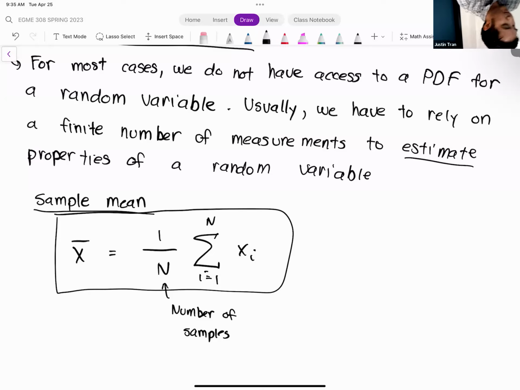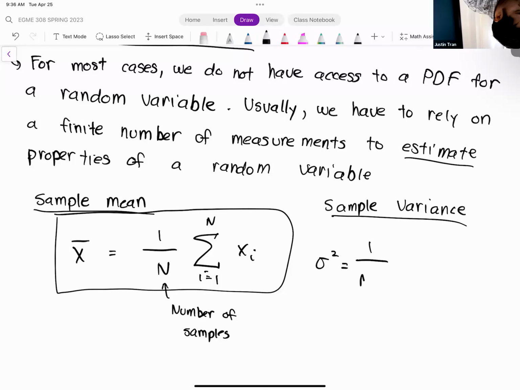And the same thing for the variance: we can also have the sample variance. The sample variance, sigma squared, is equal to 1 over N minus 1 times the summation from i equals 1 to N of (x_i minus x bar) squared.